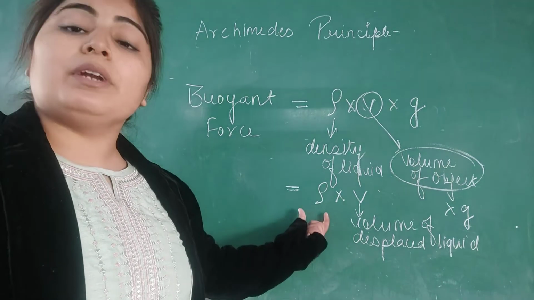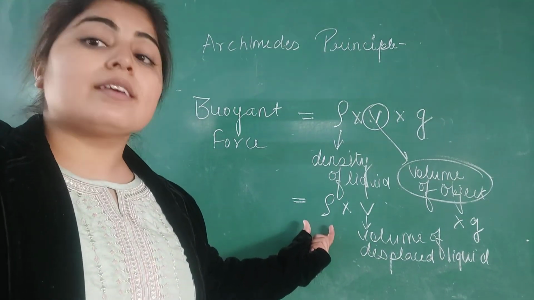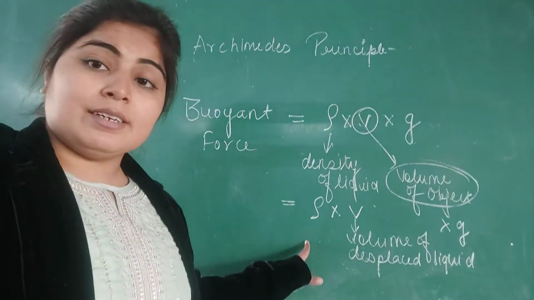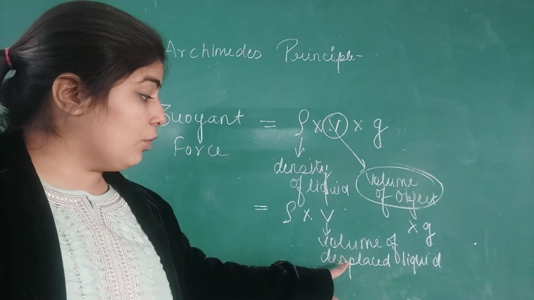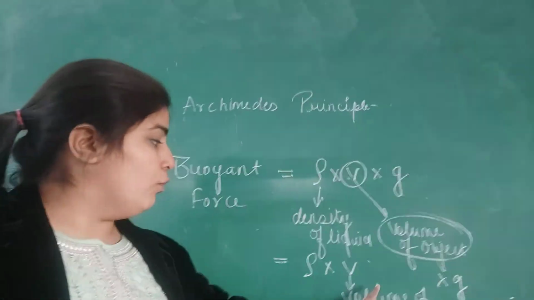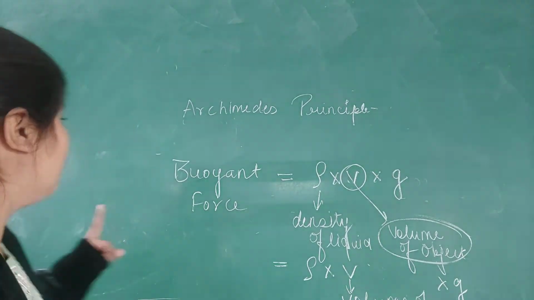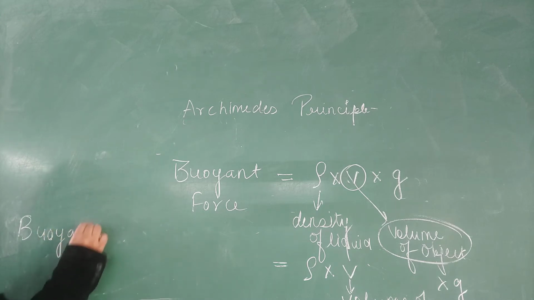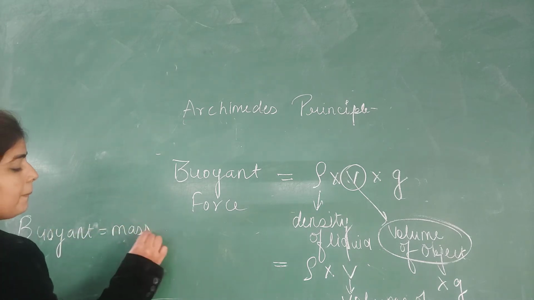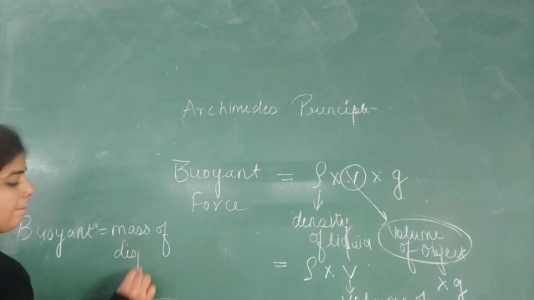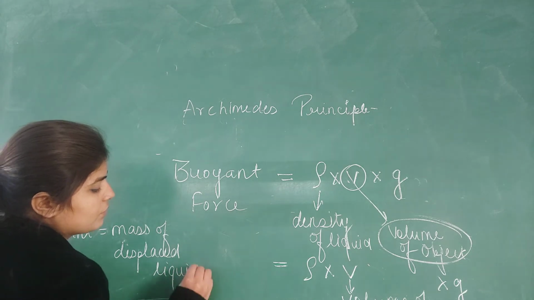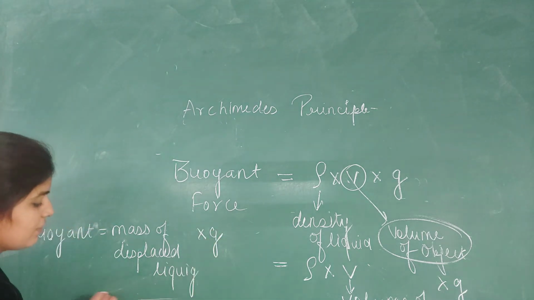So volume into density will be equal to mass. किसका मास? डिस्प्लेस्ड लिक्विड का मास. क्योंकि उसी लिक्विड की डेंसिटी है, उसी लिक्विड का कौन सा वॉल्यूम है? डिस्प्लेस्ड लिक्विड का वॉल्यूम है. So volume into density will be equal to mass, and which mass? Mass of the displaced liquid. So mass into g, gravitational acceleration, which is equal to weight.